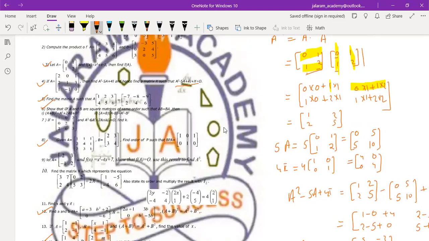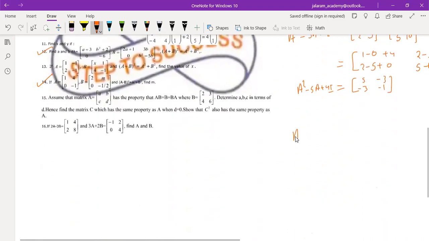One more thing is given, if A square minus 5A plus 4I plus X equals to O, it implies X equals to what?